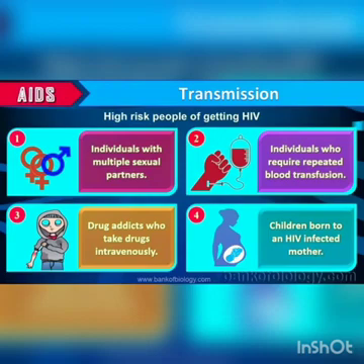These people need blood transfusion in alternate months, so if the blood is not properly checked, infected blood can be transfused. Drug addicts, after taking the drug, are out of control, so they may use the same syringe. As a result, it can be caused. Children born to an HIV infected mother.